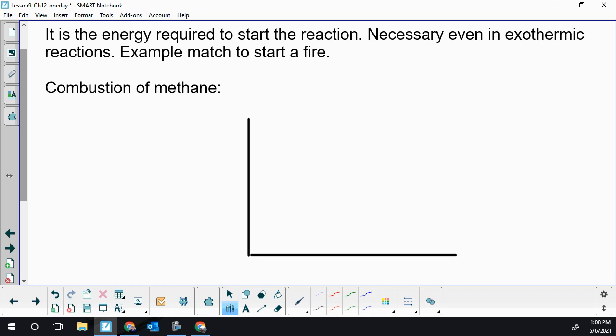So let's take a look at a chemical potential energy diagram for the combustion of methane. Now, this wording should be enough for you to write a balanced chemical equation, so I will start there. Methane, meth is 1 carbon, CH4, and the 1, 2, and 3 carbon long chains are all gases. Combustion will be plus oxygen gas.